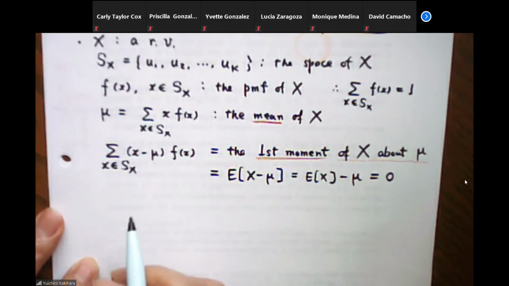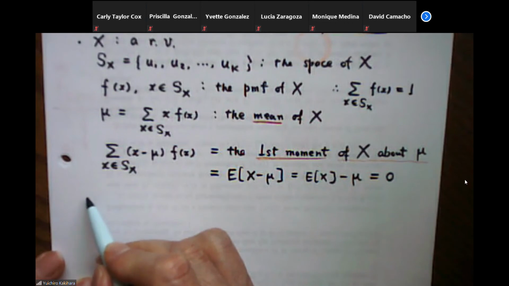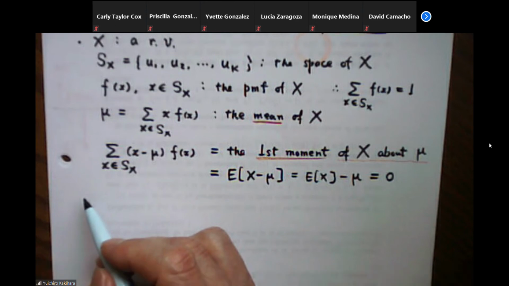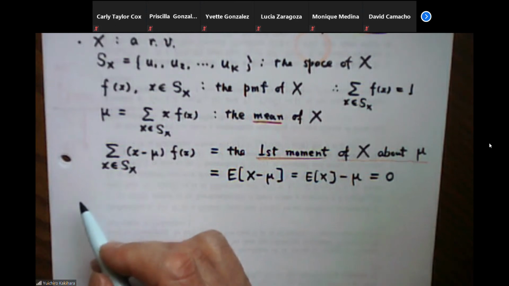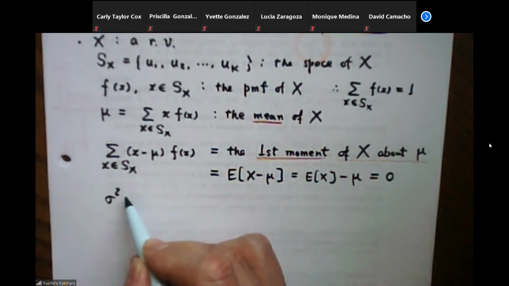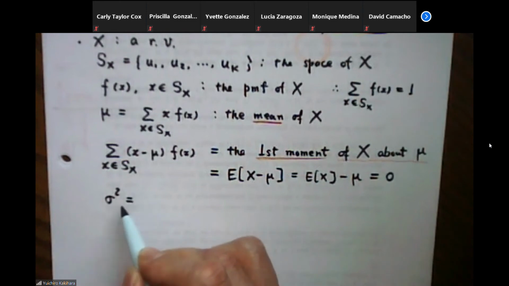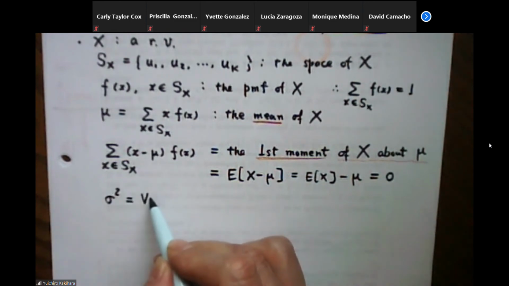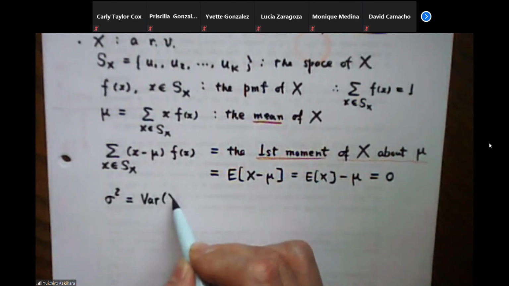Then next step, we define the variance. Variance is denoted by sigma squared. Sigma is the Greek letter for S. Sigma squared is the variance of x.